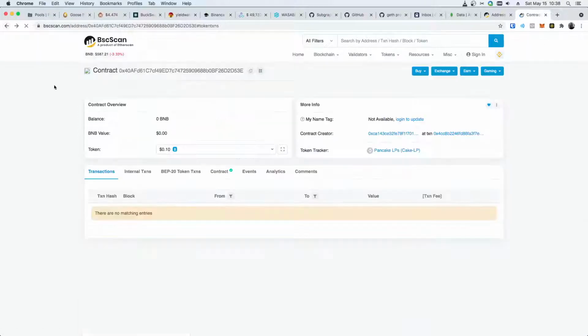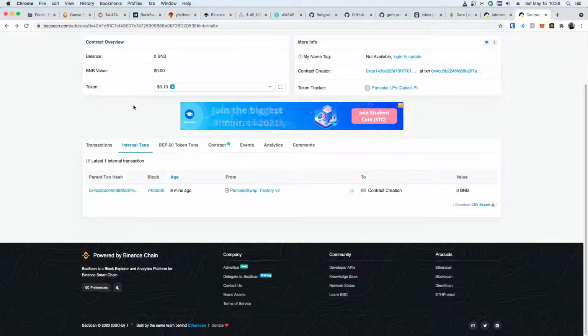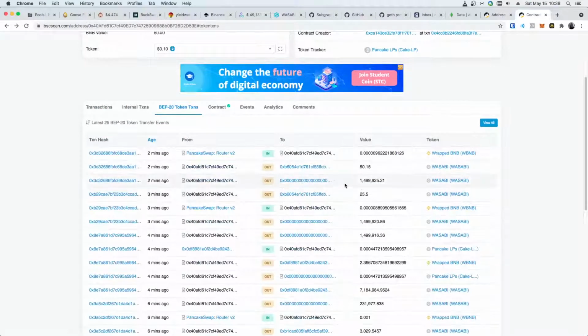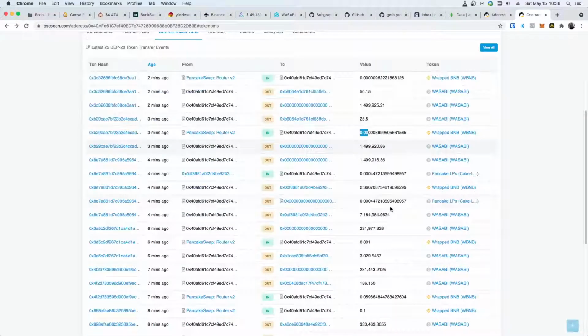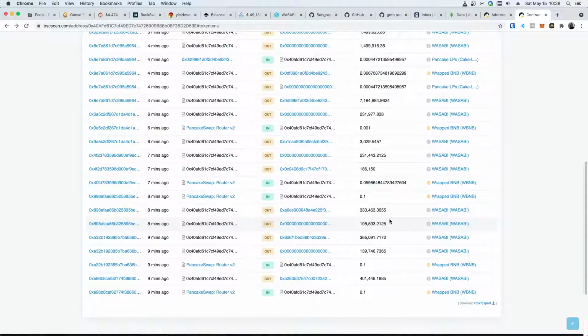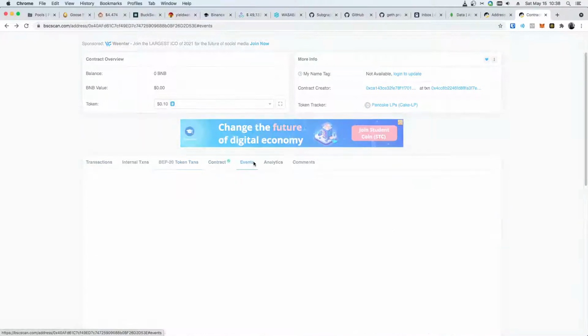Where did the liquidity go? I don't understand this, folks. Where did it go? There was swap, swap, swap, burn.